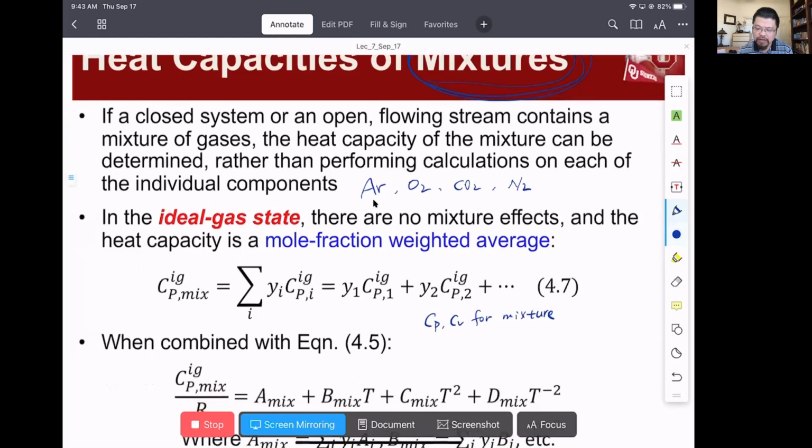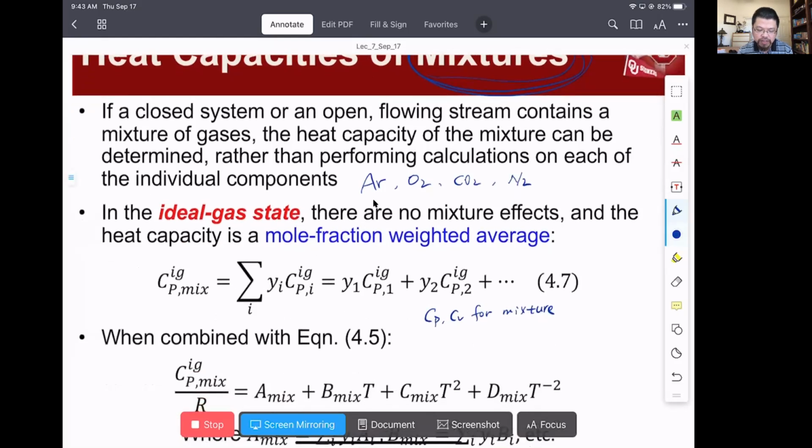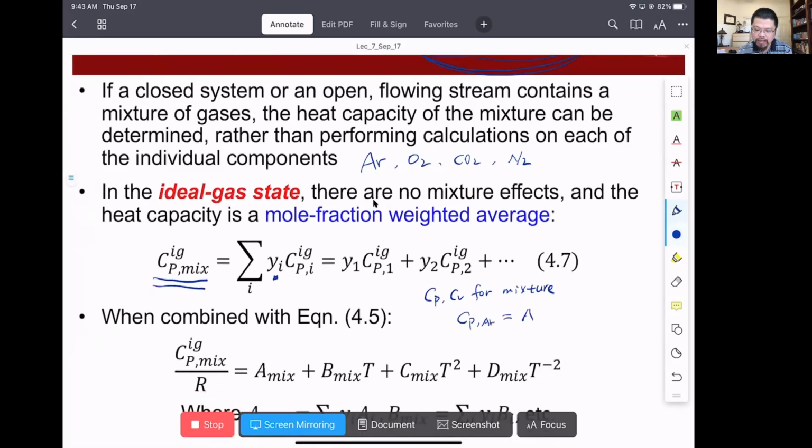This is why for ideal gas mixtures, we are able to calculate the Cp and Cv for mixtures using their molar fractions. Typically you would figure out what Cp is for argon, for example, using those A plus BT plus CT squared plus D T to the minus 2 terms.